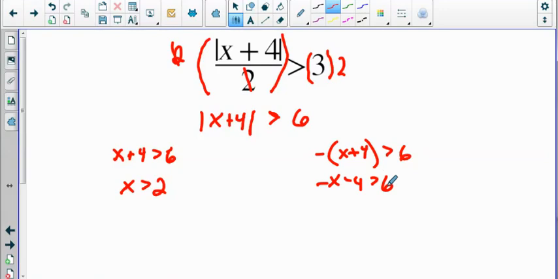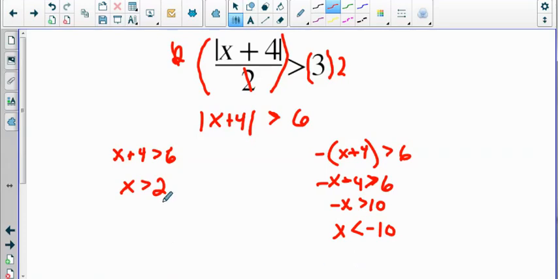Again, treat it like an equation. Add 4 to both sides. So you end up with negative x is greater than, what's 6 plus 4? 6 plus 4 is 10. Remember, the shortcut is it flips the inequality and the negative jumps over because there's just a negative x on that side, and you end up with x is less than negative 10.